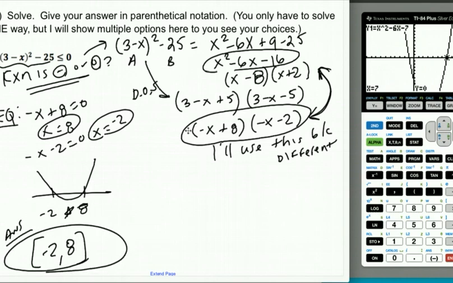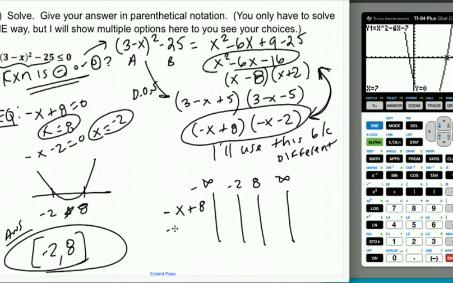The other way to do it, and I wanted to make a sign chart with these negatives just to show you what happens. If I do this with these negatives, here's negative infinity, my negative 2, my 8, and my infinity. So both of these are lines that have negative slopes. So it's going to be positive before it crosses the axis. See how it's positive and then it crosses and becomes negative.